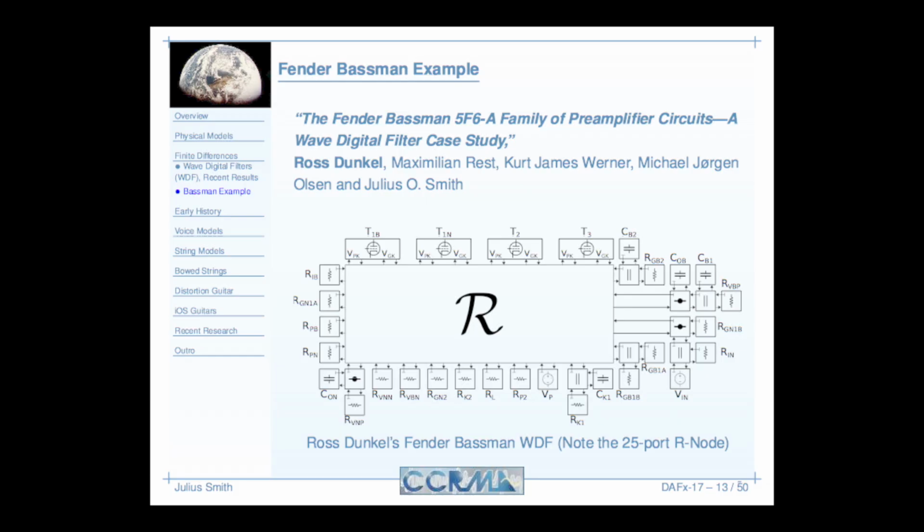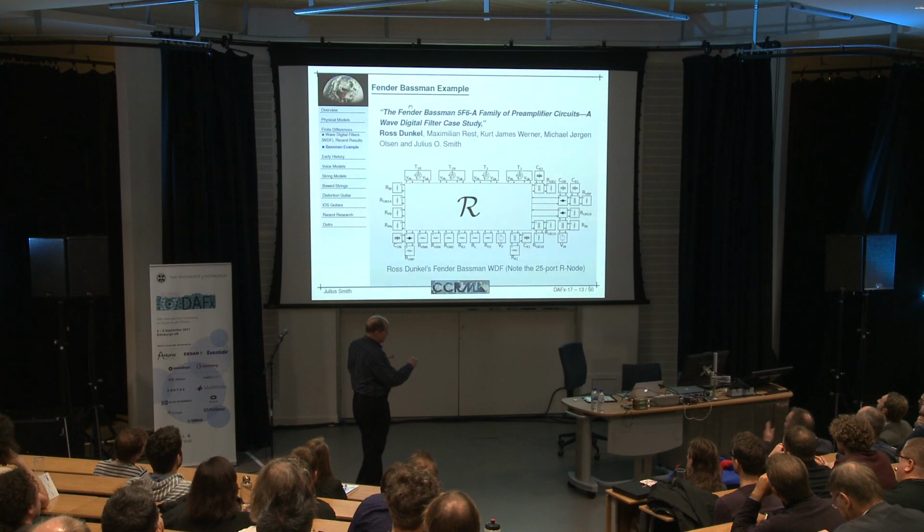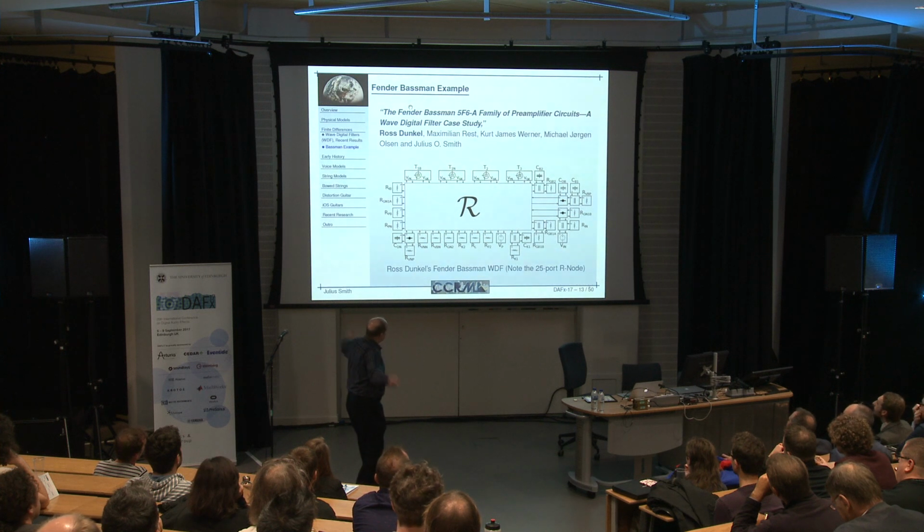So you see 4 tubes up at the top. They're nonlinear, so they've got to be at the root. And then you see normal wave digital filter elements. So here's your symbol for parallel combination, series combination. So this is your normal wave digital filter, just parallel series combinations of conventional elements. And this is all linear time invariant, so it all just propagates smoothly without any iteration.